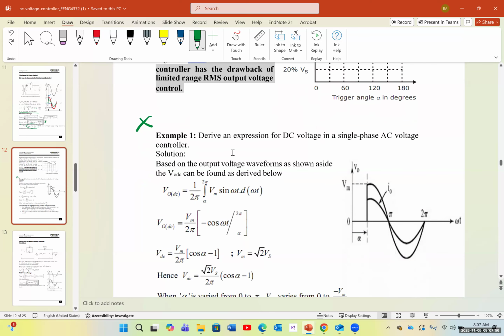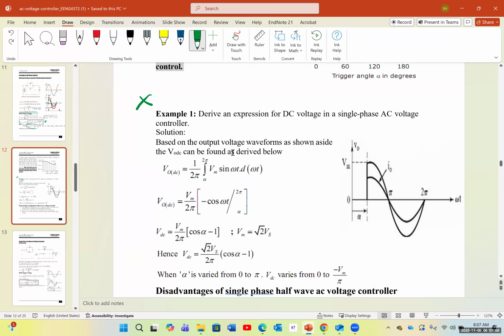Now, let's solve an example for a half wave system. This example would show the DC voltage of a half wave single phase AC voltage controller. We want to derive an expression for DC voltage in a single phase AC voltage controller based on the output voltage waveform as shown aside.